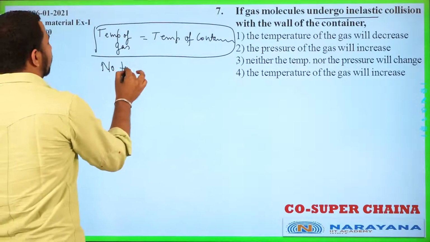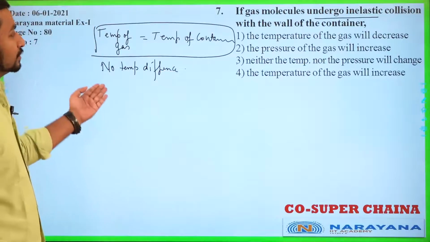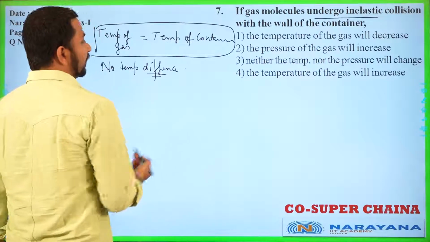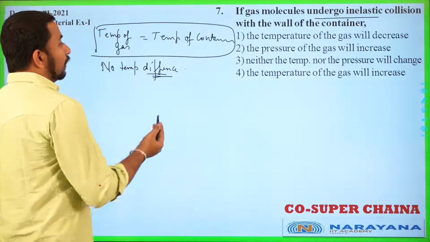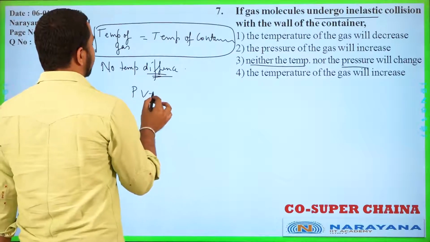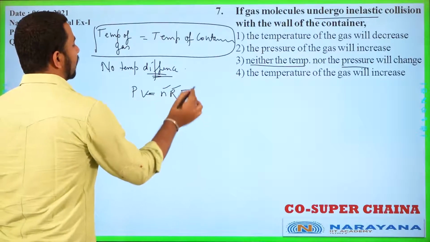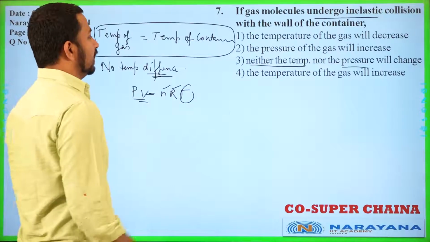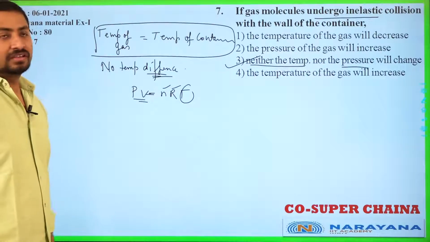If there is no temperature difference, then no change will happen, because neither the temperature nor the pressure will change. In PV equals nRT, these values are the same. If temperature is fixed, obviously the pressure will also be unchanged. So neither the temperature nor the pressure will change. That will be the answer of this question.